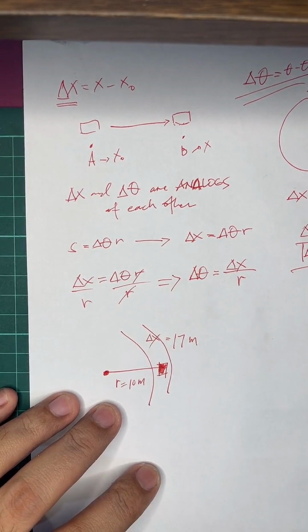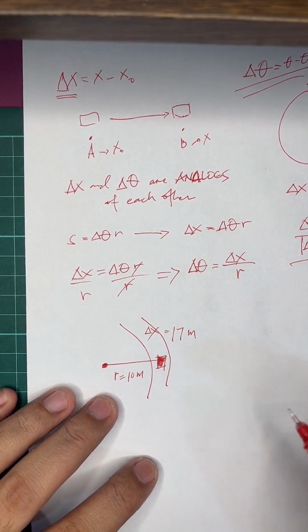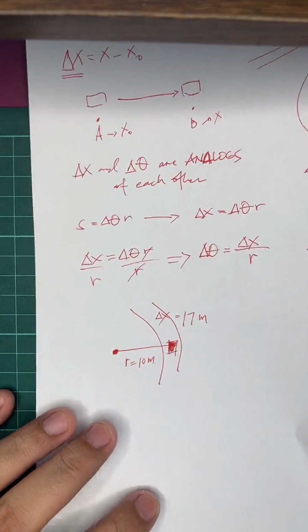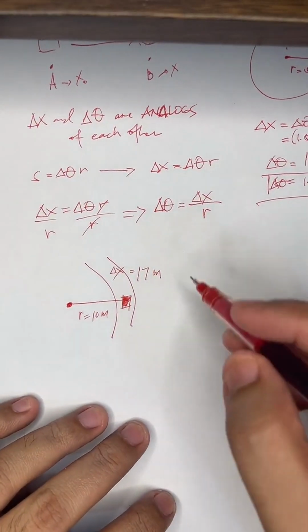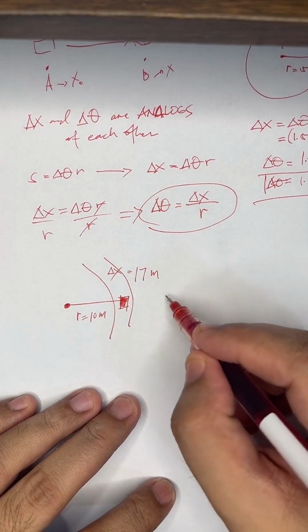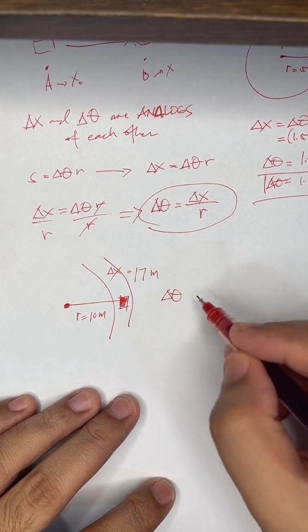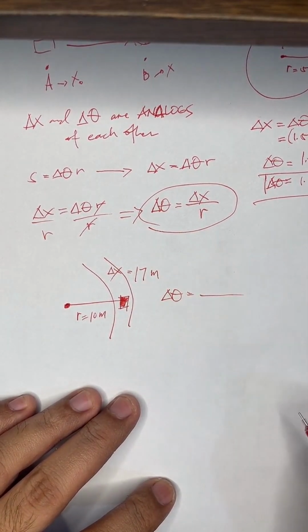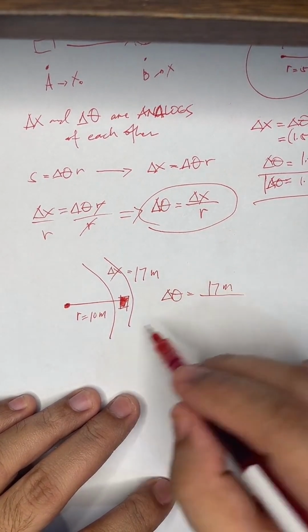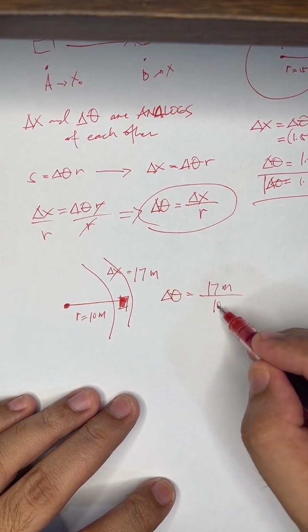So how will we know the angular displacement if this is the case? Then we simply use the equation that we have here. So it will be given by delta theta is equal to delta x, which is 17 meters, divided by r, which is 10 meters.